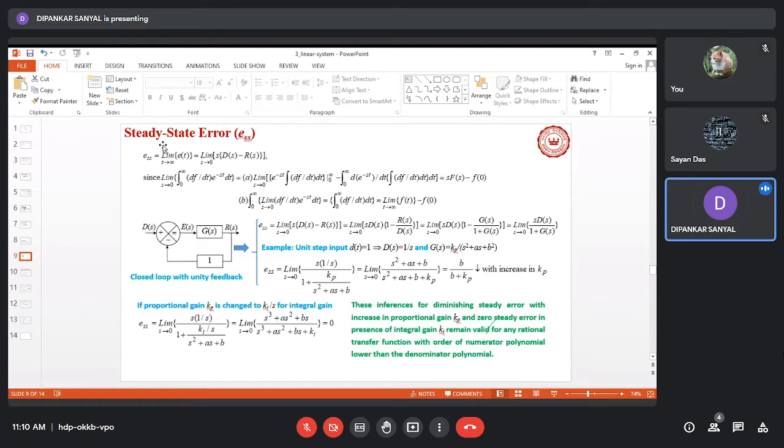So in this approach we have verified that once more. So the inferences are, the P gain, increase of P gain would give rise to decrease of steady state error, but it won't result in a 0 steady state error.